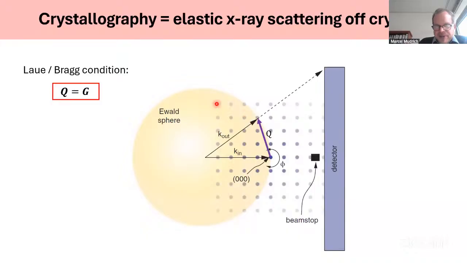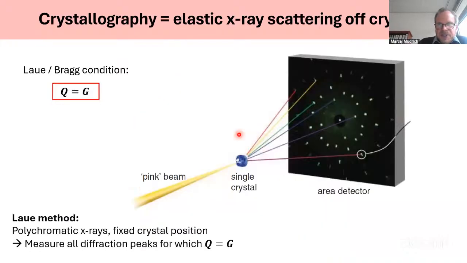So basically, the radius of the Ewald sphere is varied in a certain range according to the spectrum of the incident beam, and that, of course, increases the number of bright spots that fulfill the constructive interference condition, or the Laue condition. So here we measure all diffraction peaks for which the Laue condition is fulfilled for many different k absolute values.